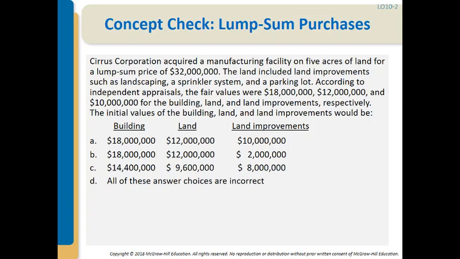So that's 45%, and you multiply that times $32 million. So building is $14,400,000. So you can tell from this that the rest of them are going to be land $9.6 million and land improvements of $8 million. So C is your answer.